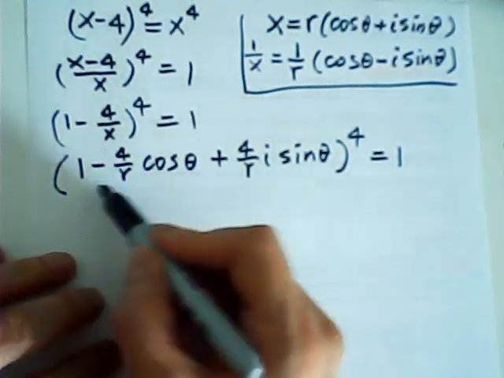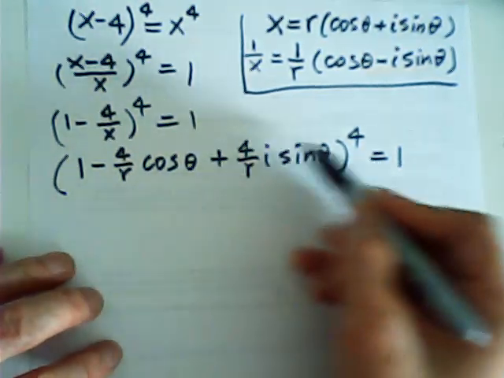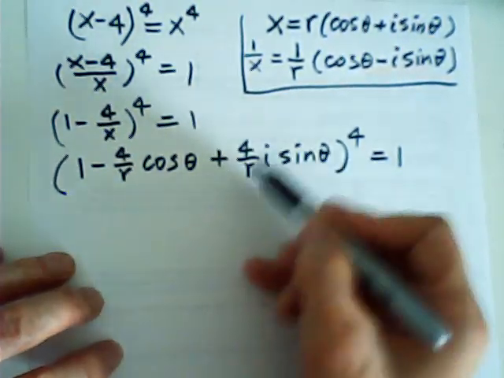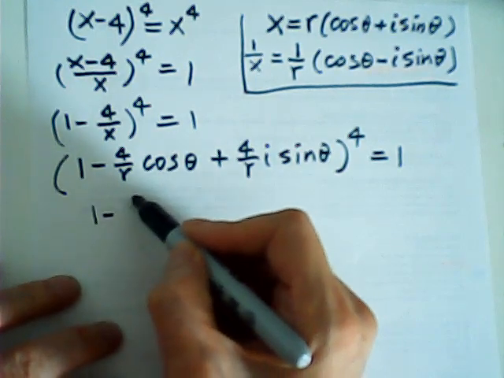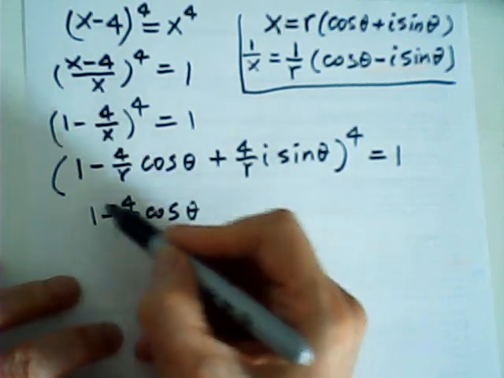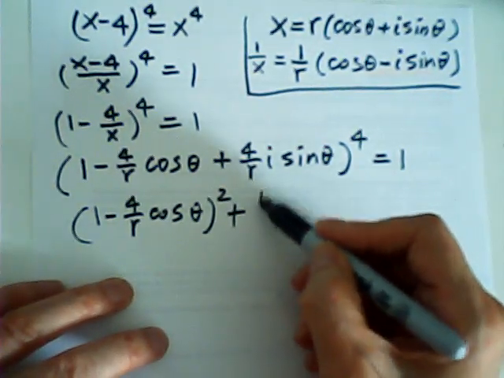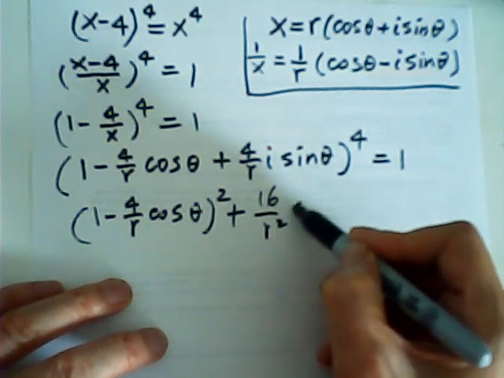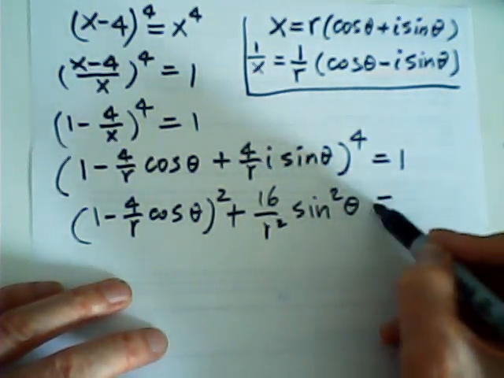So the modulus of this complex number is the real part squared plus the imaginary part squared equal to 1. So this means 1 minus 4 over r cosine theta squared plus 16 over r squared sine squared theta is equal to 1.